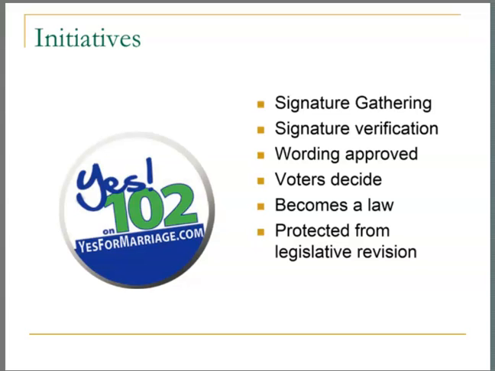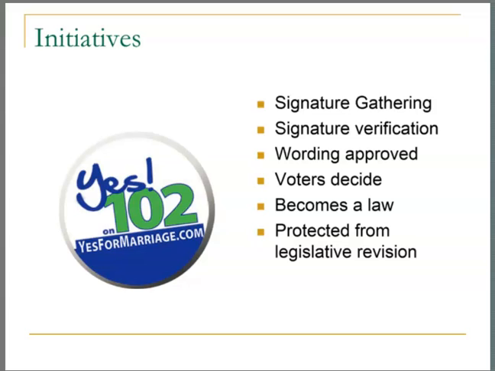This means that all subsequent initiatives are locked in, that when a voter-approved proposition passes, the legislature can't touch it. Now, that has complicated the efforts on the part of the legislature to balance the budget, because much of the budget has been carved out by voter initiatives mandating certain spending.